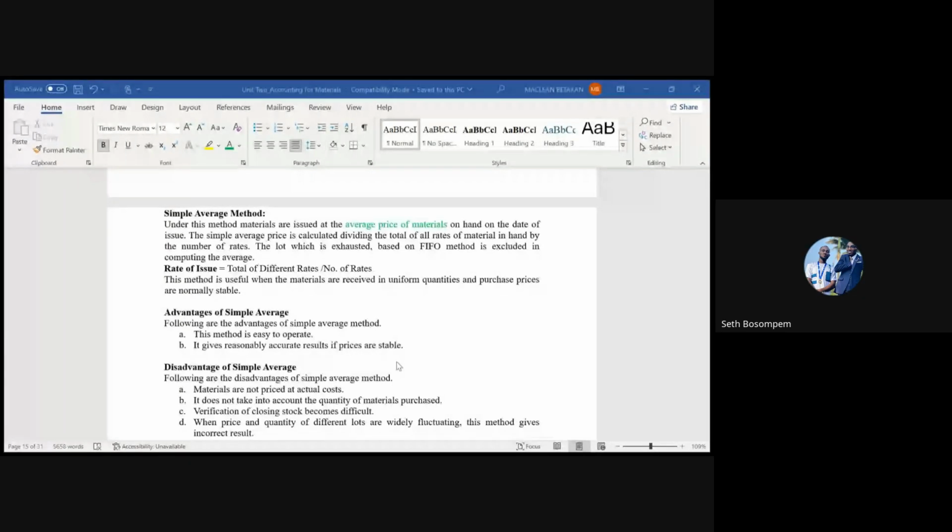You add the two and the total is divided by 2. I want to know the price that you used to issue out to your grandmother.